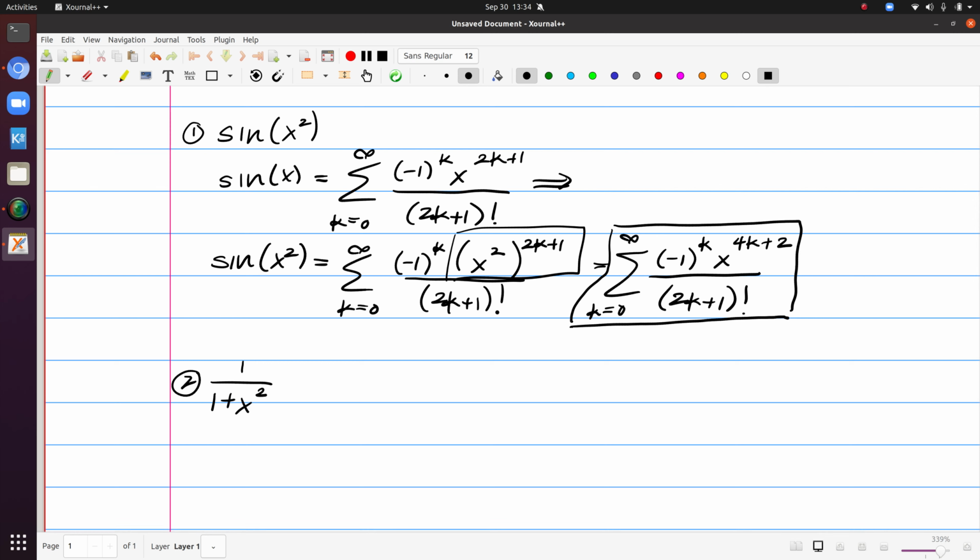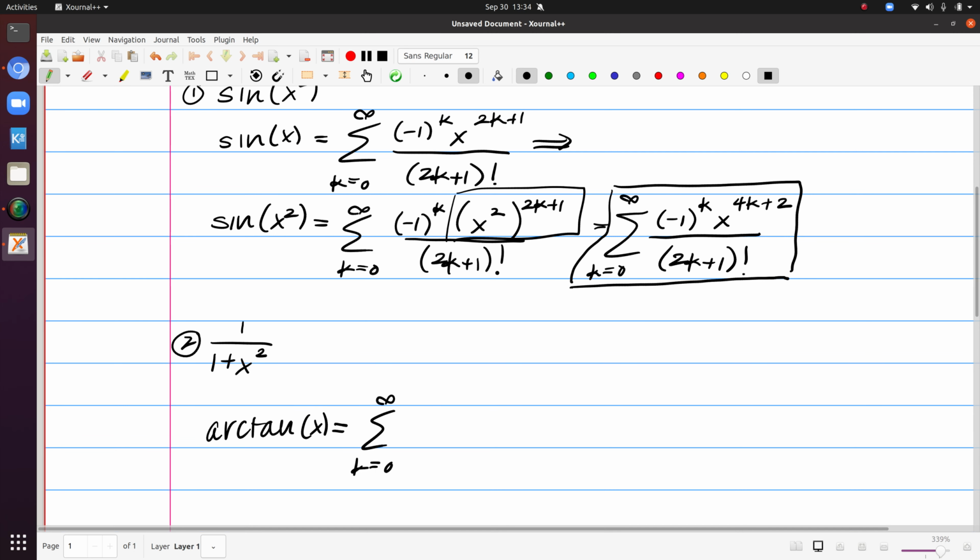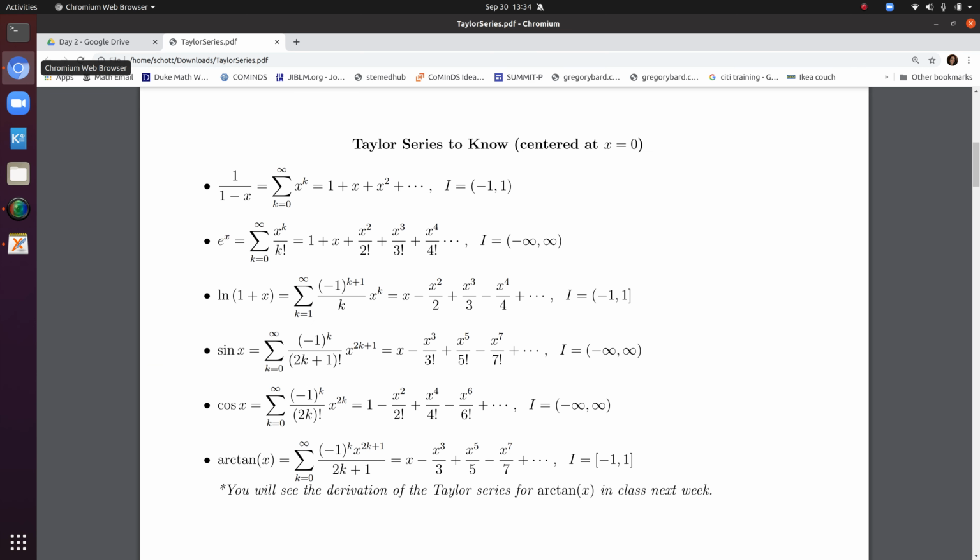So there are a couple of ways that we could actually go about finding this. One way is to observe that this is the derivative of arctangent of x. So if I make that connection, again, I can start by recollecting the series representation of arctangent, and that is on our list of those to know.